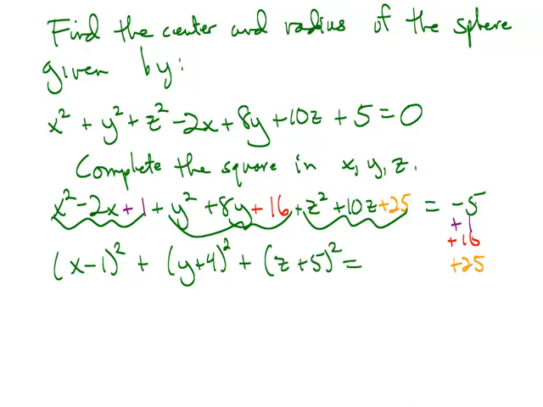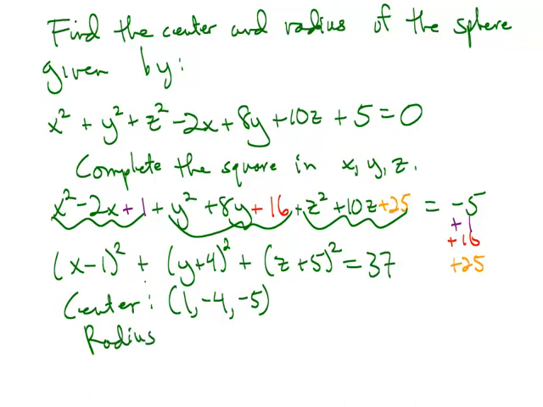On the right side, well, let's see, that's -5 plus 1 plus 16 plus 25, which is 37. Didn't turn out to be too nice, but that's okay. Our center then is going to be the values that make these quantities 0. That's (1, -4, -5). Our radius is the square root of the right side, which is the square root of 37.